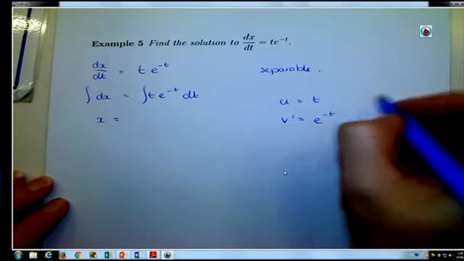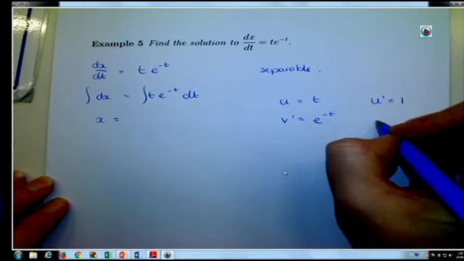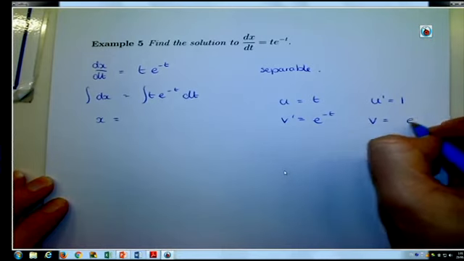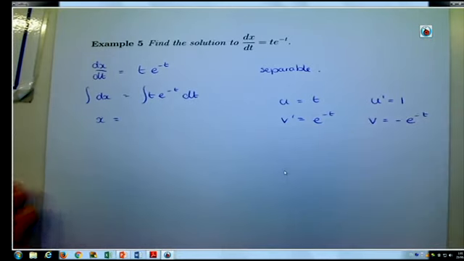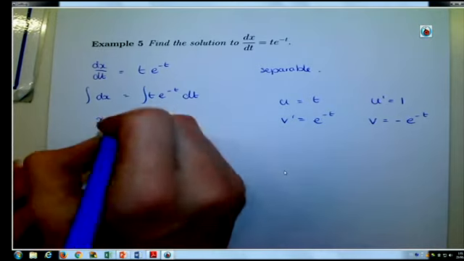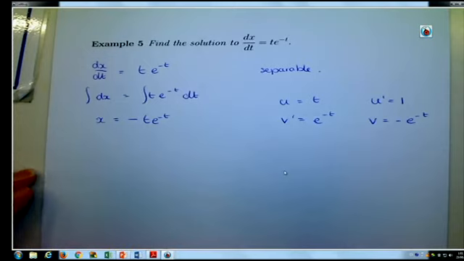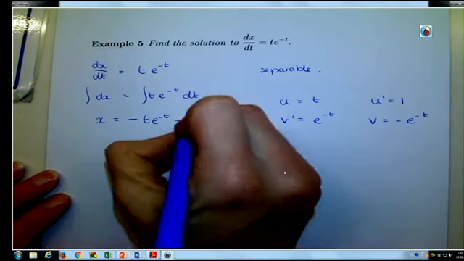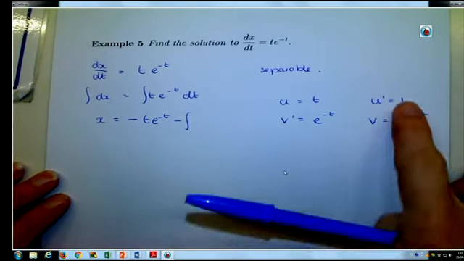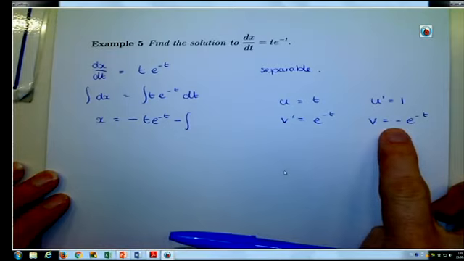All right, I can differentiate this one, and I can integrate this one with a minus sign. Okay, and now I've just got to use the formula. So, what is it? u times v, minus t e to the minus t, minus the integral of u primed times v.